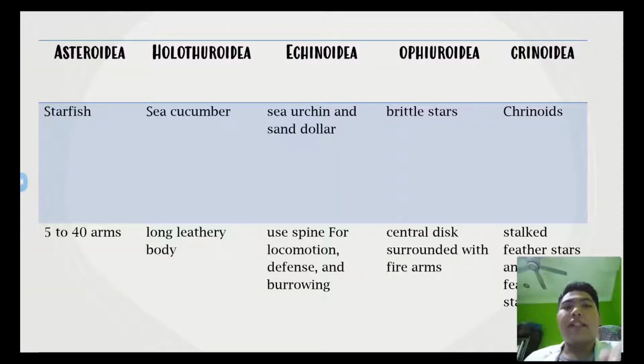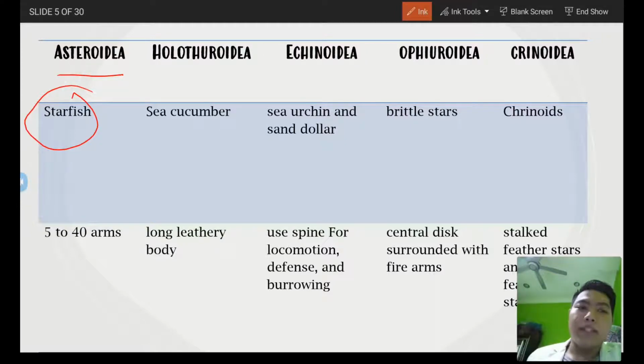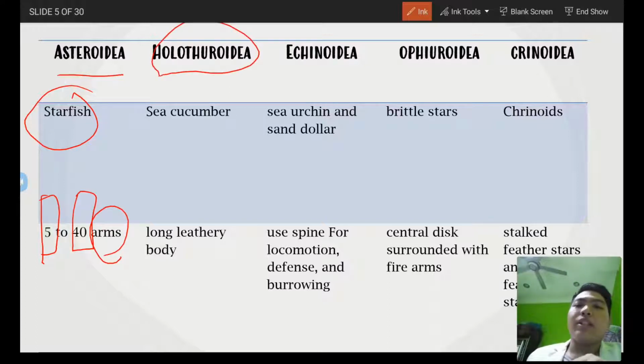The first is Asteroidea. The common example of Asteroidea is the starfish or the sea star. We also call them sea stars. The Asteroidea have 5 to 40 arms. Next is Holothuroidea. The common example of Holothuroidea is the sea cucumber.